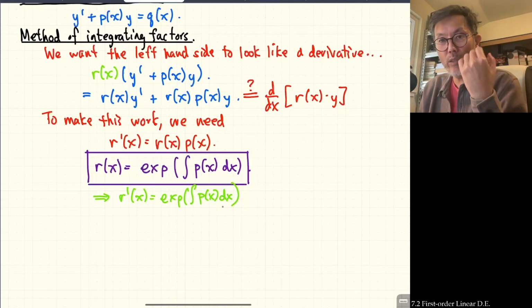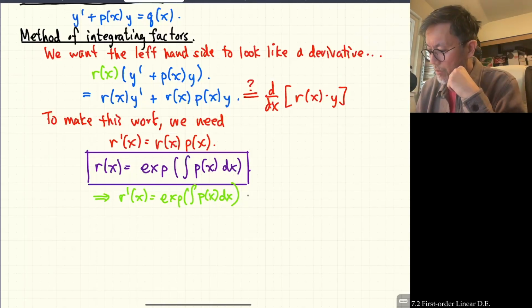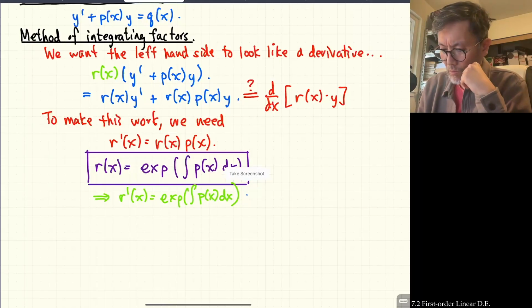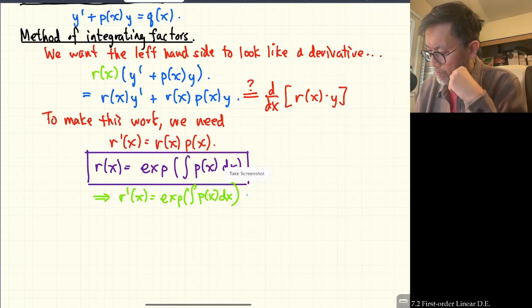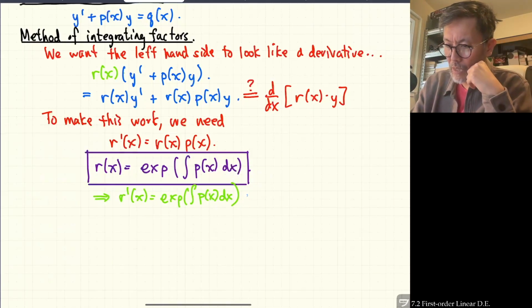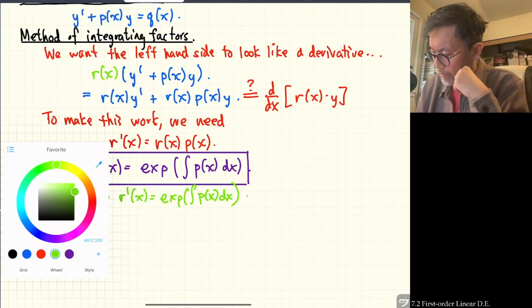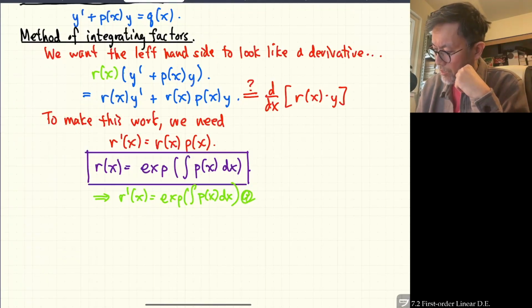Because this is an antiderivative of p(x), we just multiply by p(x).